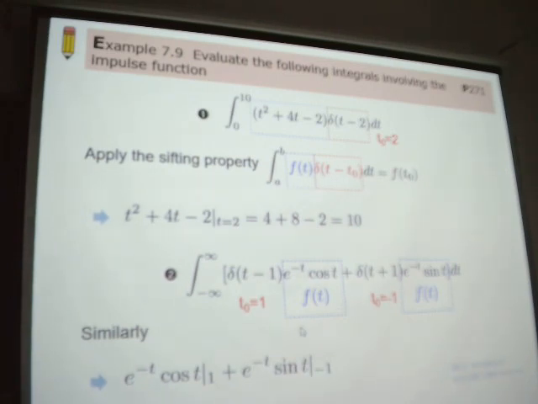For the first part, f(t) is this one, and we put t0 equal to 1 inside to get the first part. Similarly, for this one, we put t1 equal to minus 1 inside this f(t) and get this part. Then our job is to finish this calculation.